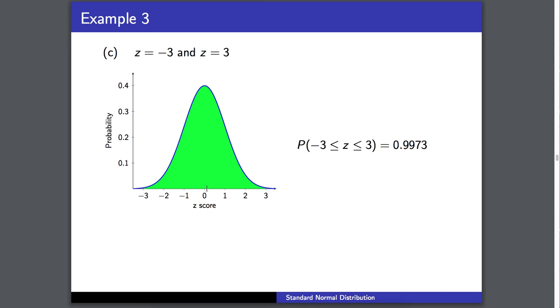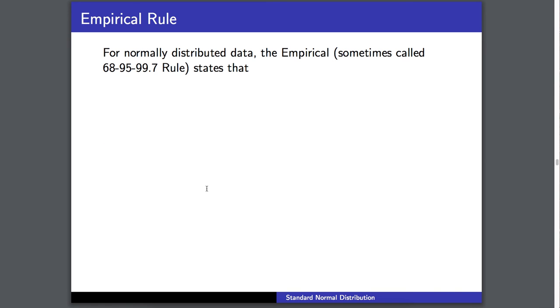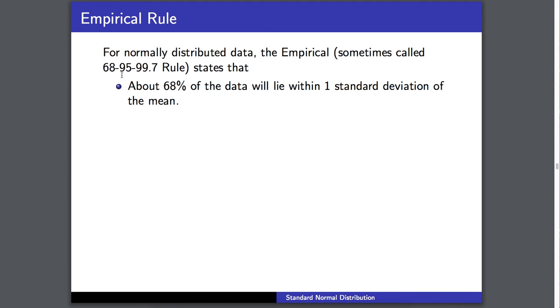And as far as 1 standard deviation, 2 standard deviations, and 3 standard deviations, in statistics we have what's known as the empirical rule, sometimes called the 68, 95, 99.7 rule, which states that about 68% of your data is within 1 standard deviation of the mean. So what we saw with z equals -1 and 1.